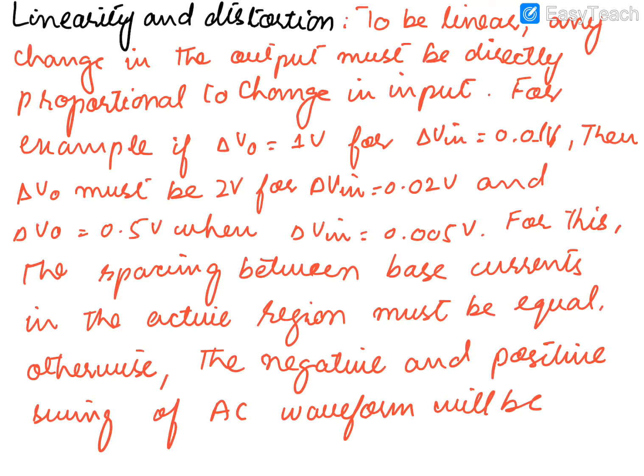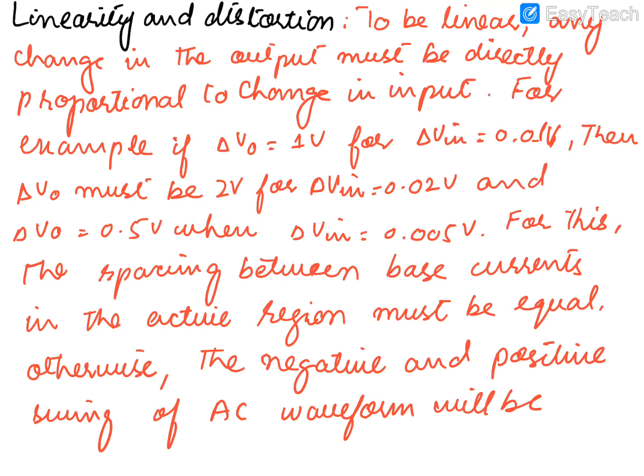For example, if the change in output voltage, delta V naught, is 1 volt for a change in input voltage of 0.01, then delta V naught must be 2 volts if the change in input voltage is 0.02. Similarly, if the change in output is 0.5, then the change in input should be 0.005. This shows that the input and output are linearly related.